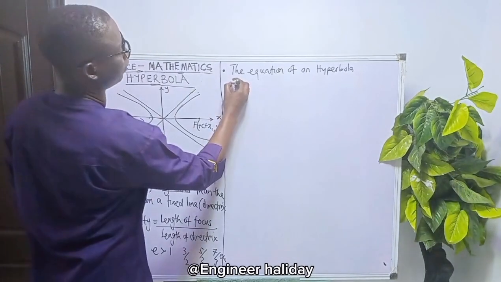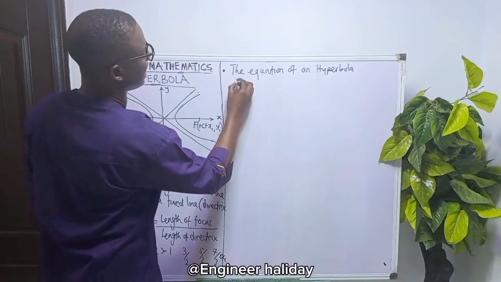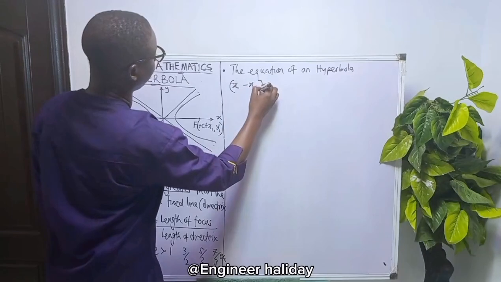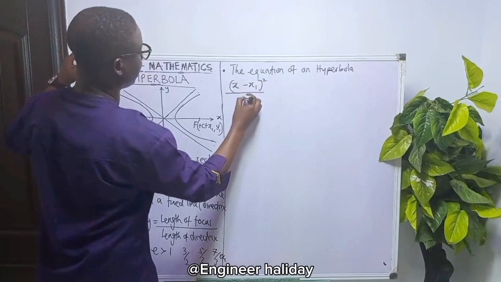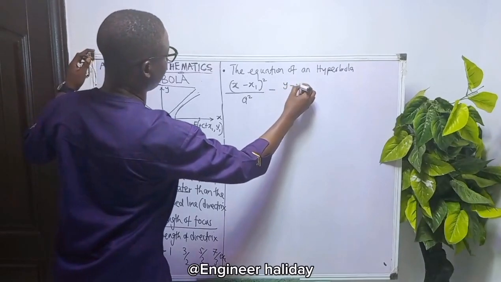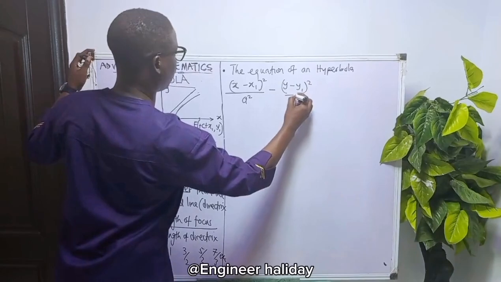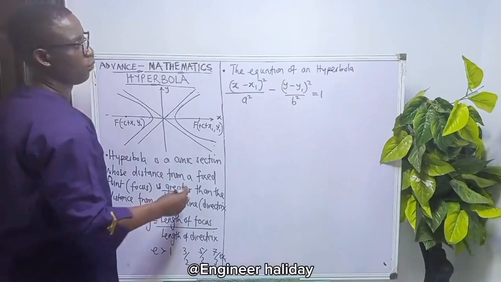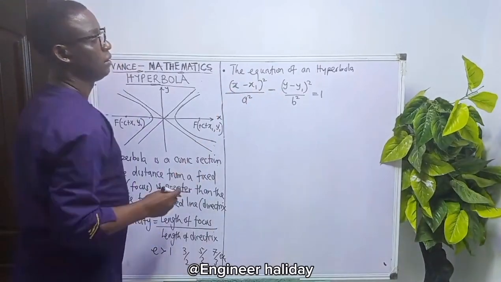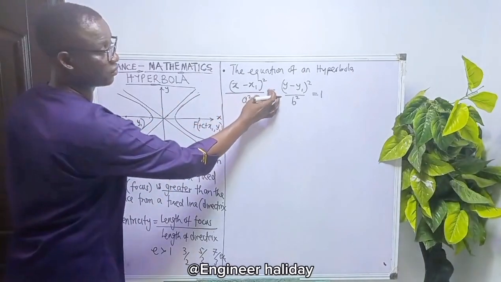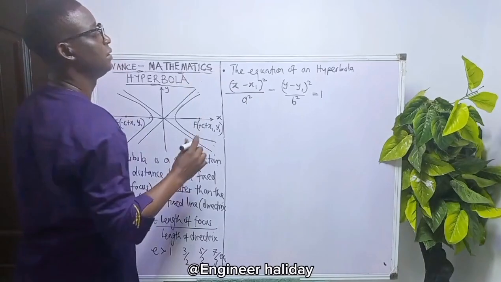Now, look at the board. You can say (x minus x1) whole square over a square minus (y1) whole square over b square equals 1. In this case, we use minus; if you check the ellipse, I used plus. So there is a difference in the sign used here.